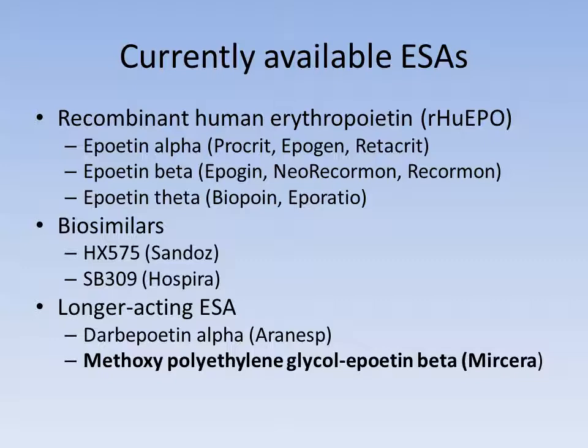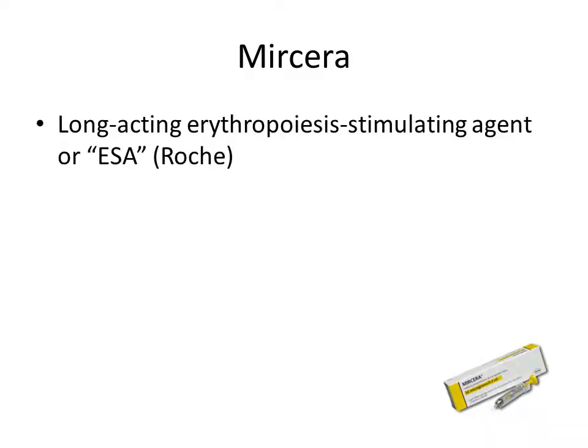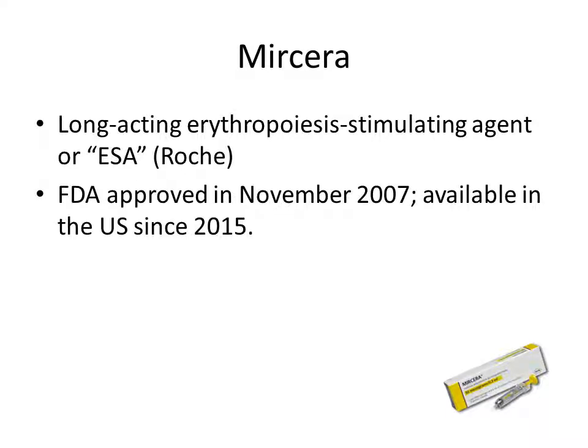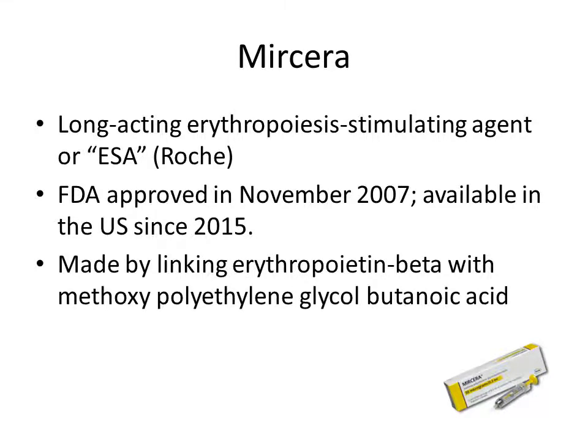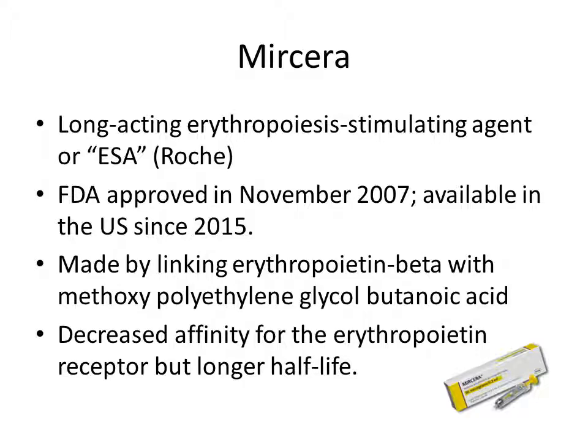We just call it Mircera for short. This is a long-acting erythropoiesis stimulating agent, kind of like Aranesp. It was approved by the FDA in 2007, and it became available in the United States in 2015. And it's made by essentially linking erythropoietin beta with a large molecule called methoxy polyethylene glycol butanoic acid. This decreases the affinity for the erythropoietin receptor, but it has a much longer half-life, and we've used it at the kidney center since 2018.